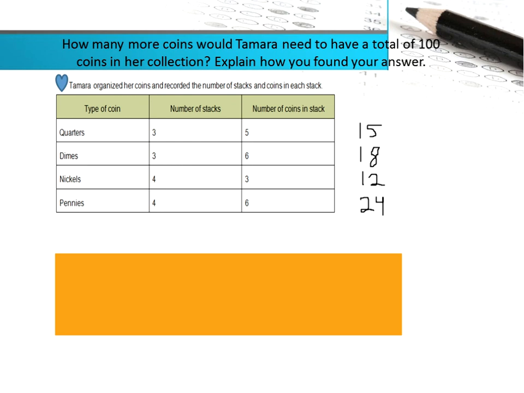Okay, so what will we do here? You guys are my students. How would I explain this? It says, how many more coins would Tamara need to have a total of 100 coins in her collection? What do I need to do? And if you feel like it, I would love it if you would write up on the board, by my numbers, how would you solve this problem?